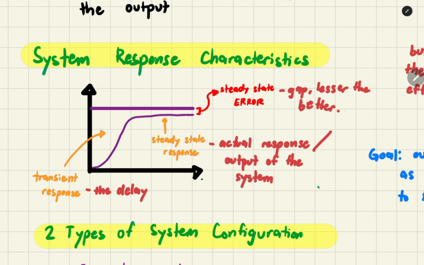Now, this straight line here is our desired response. As you can see, there is a slight gap. This gap is what we call the steady state error, which is the lesser, the better. Okay? So the steady state response is the actual response or the output of the system.